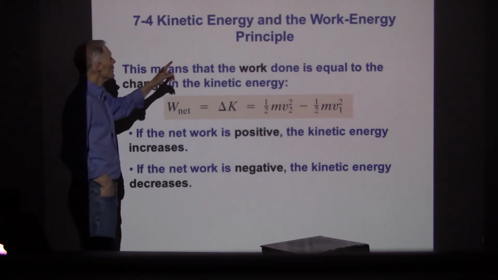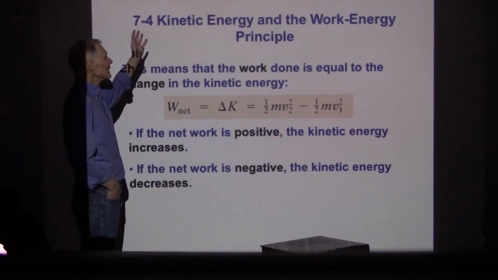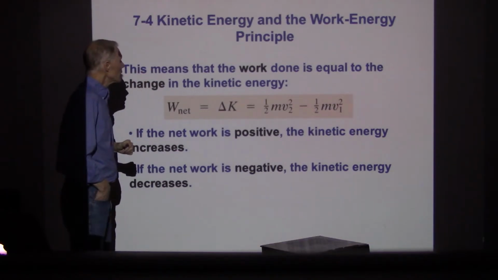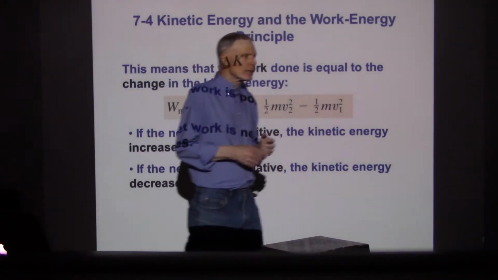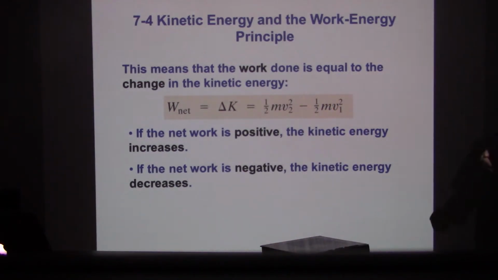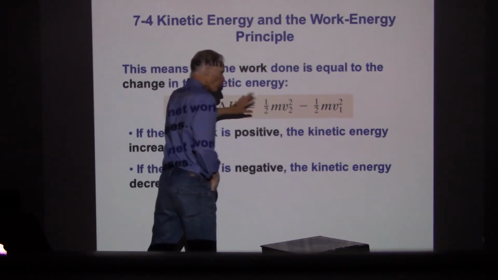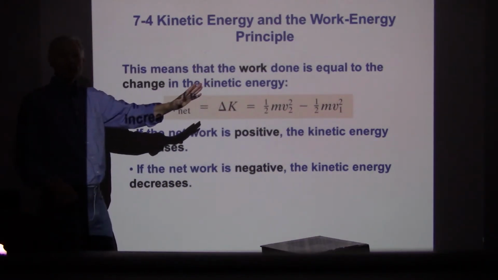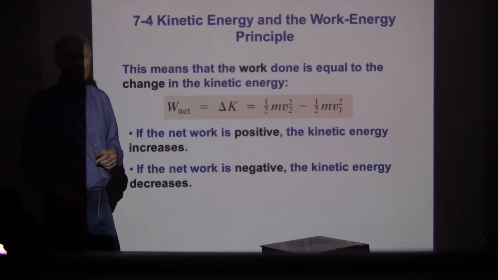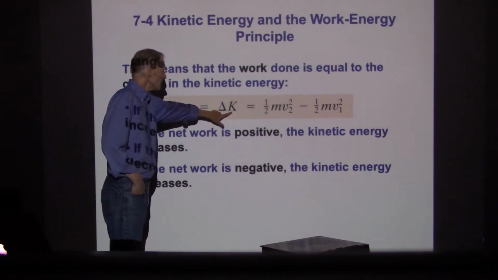So what we get to is what's called the work-energy principle. The idea is that energy is conserved. If we transfer energy into an object, it's got to show up either as kinetic energy or as potential. Now, if the force is being applied and the object is accelerating as a result of that force, that's going to show up as additional kinetic energy.